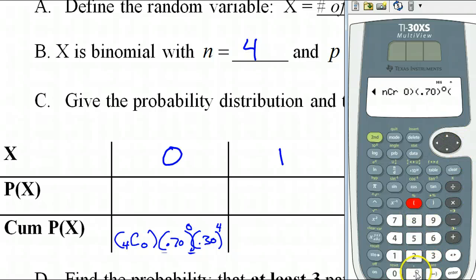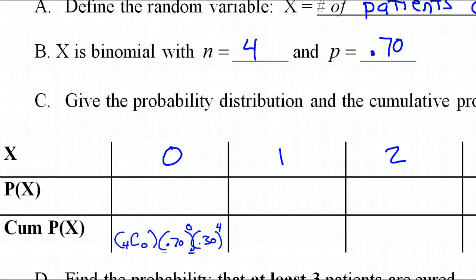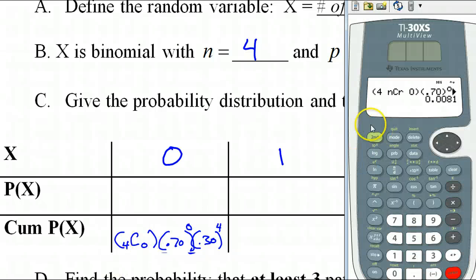Next parentheses, 0.30 to the 4th power. Bam! This is the probability of having 0 patients cured: 0.0081.